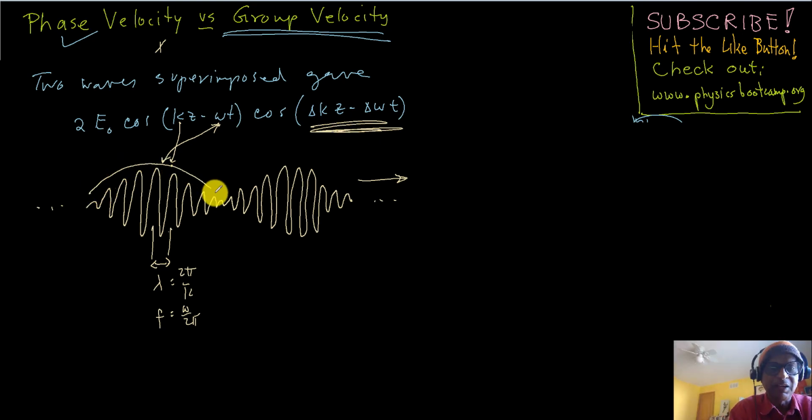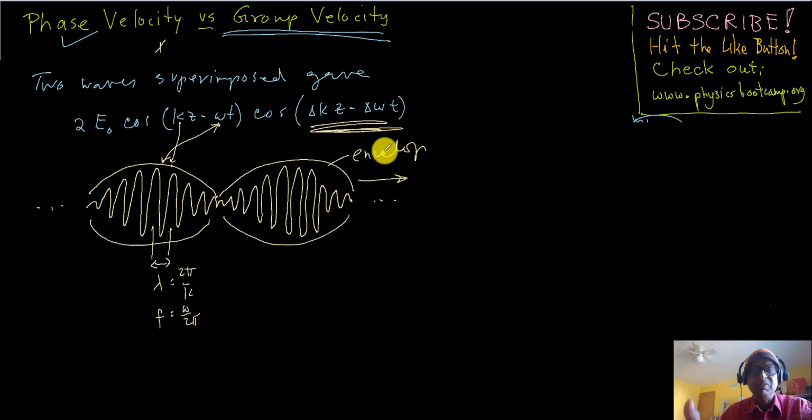This is called the envelope. It moves as a kind of packet, in a sense. The whole packet is moving, and it moves at the speed given by this.